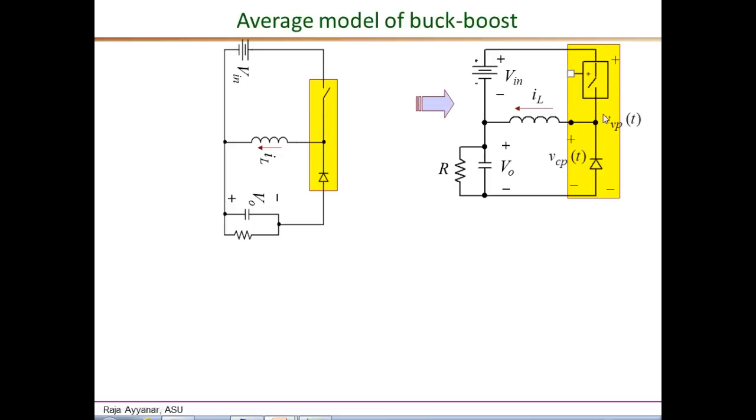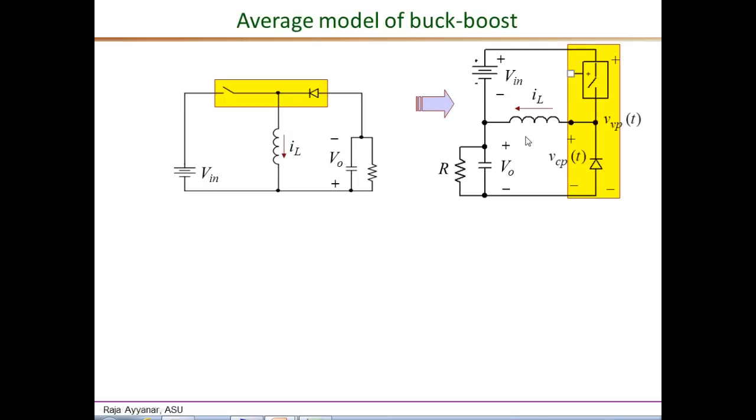So here is the bipositional switch, and the output capacitor and R combination is shown here, and the input is shown here. So essentially, this is the same exact circuit. We have not changed anything, but it is probably easier to go from this circuit to its average model.